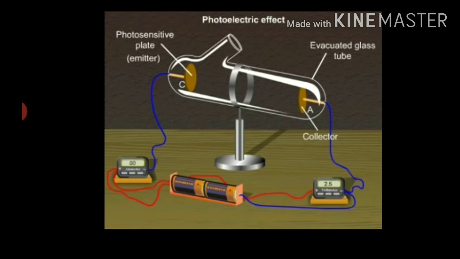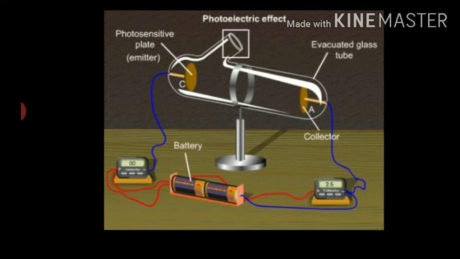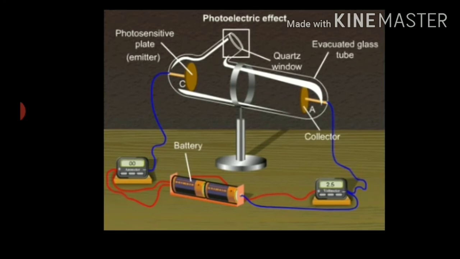The emitter and collector are attached to a battery that maintains a potential difference between the plates. There is a small window that opens into the glass tube. It is a transparent quartz window which permits ultraviolet radiation to pass through it and irradiate the emitter.